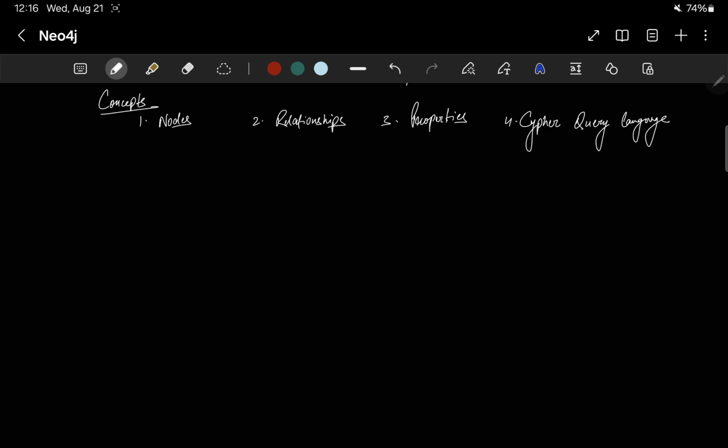Now that we have covered the concepts, let's move to talk about architecture. Architecture of Neo4j. First is native graph storage.